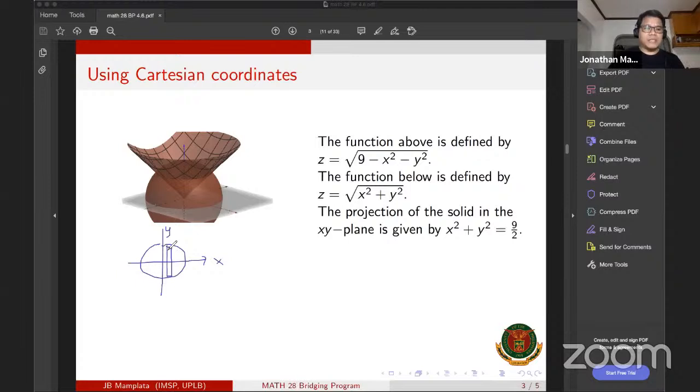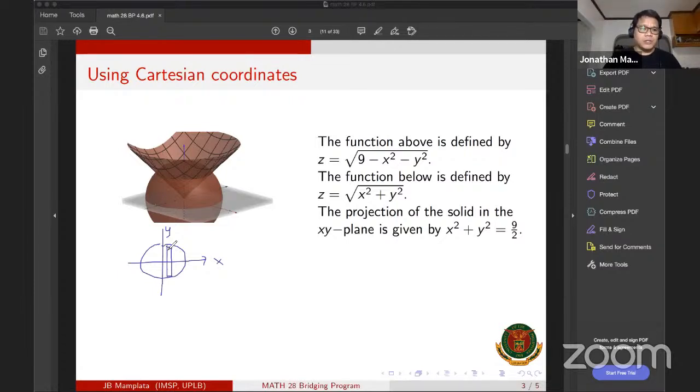So kung vertical strip ang gagamitin natin, we have a vertical rectangle. Take note that the rectangle will move from left to right. So that will determine the bounds of x from left to right. So yung x natin will be the outermost variable in our triple integral.